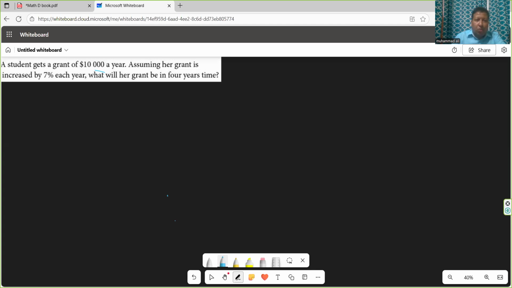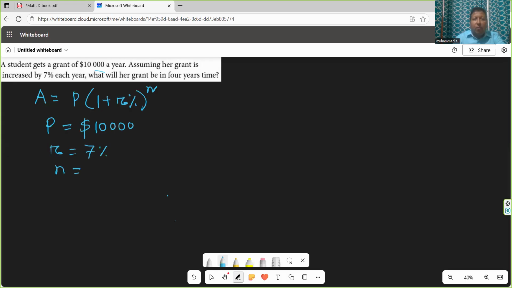So compound interest formula, amount equals P(1 + R%) to the power N. For this maths, here the principal is $10,000. Here R equals 7%. And N, that means the grant in 4 years' time, so N equals 4 here.